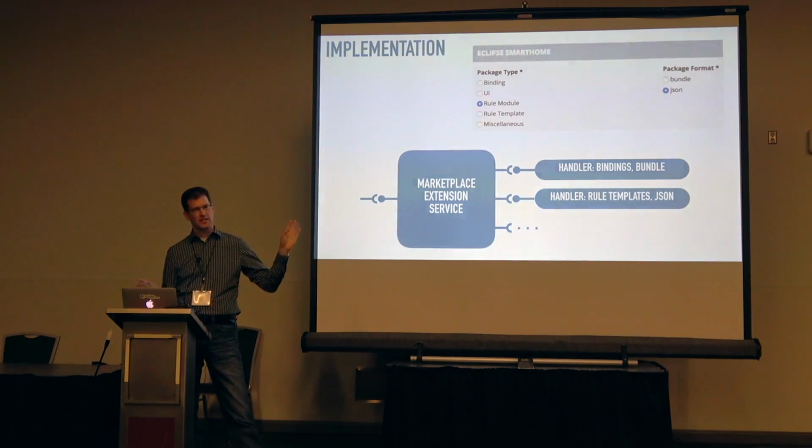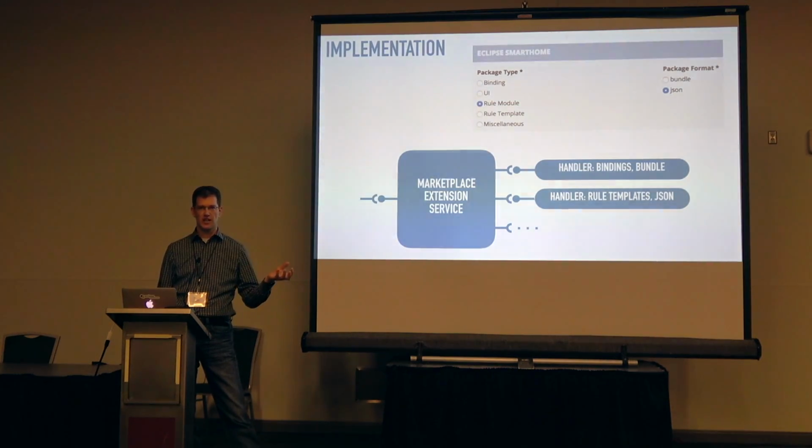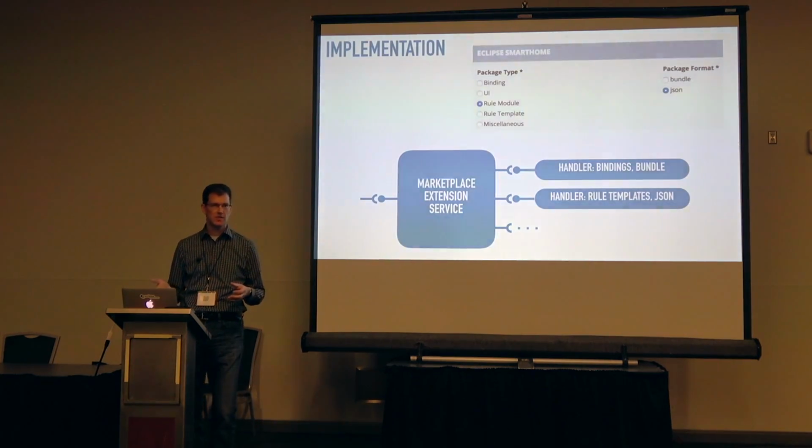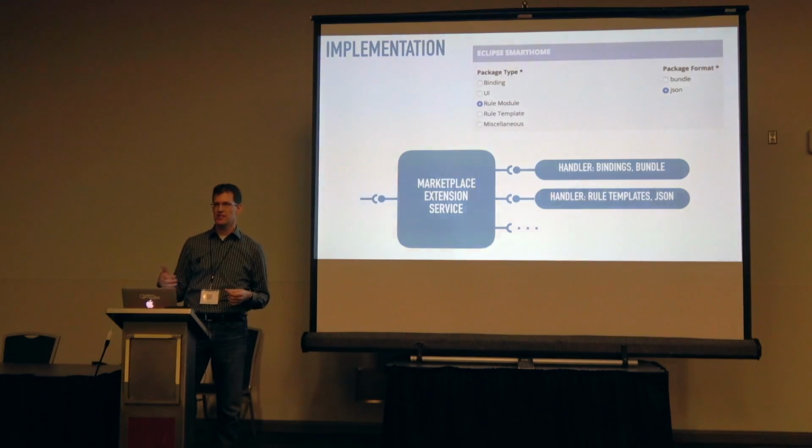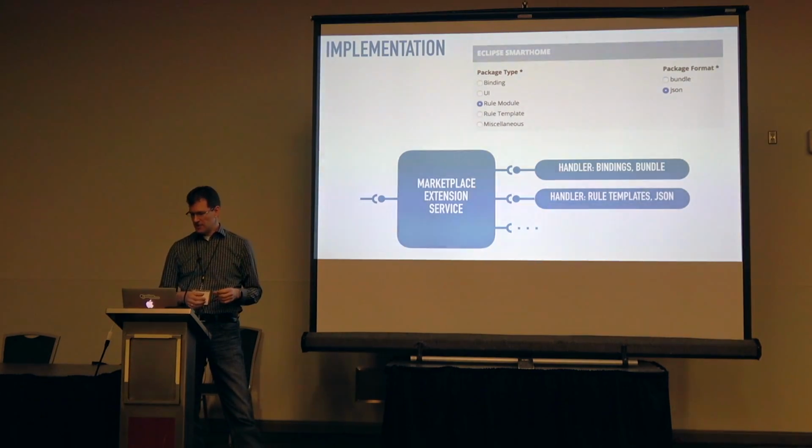You also see here that if you're uploading an entry, you can choose a package format, which is either just a jar file, an OSGi bundle, a JSON, or we also might have more complex packaging types like Karaf features or archives, where you have to bundle several OSGi bundles into one package in the end. So that always depends on what kind of package type you actually deal with.